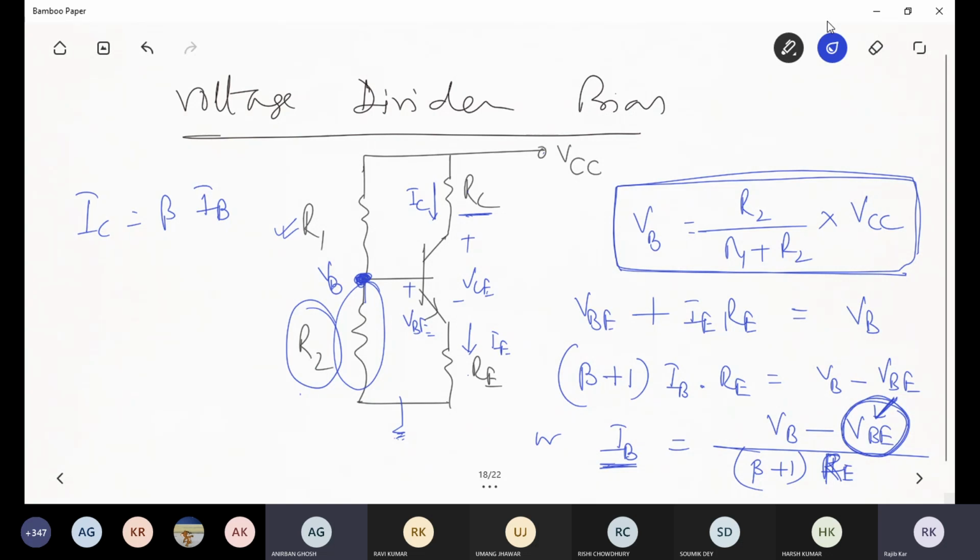Here you find that the lesser the VBE, definitely the base current will increase. Base current increasing means collector current is increasing. That means your operating point is shifted. So to stop this shifting of IC, I have to ensure that VBE is kept as constant as possible. Nearly the change should be 0. Any other queries?